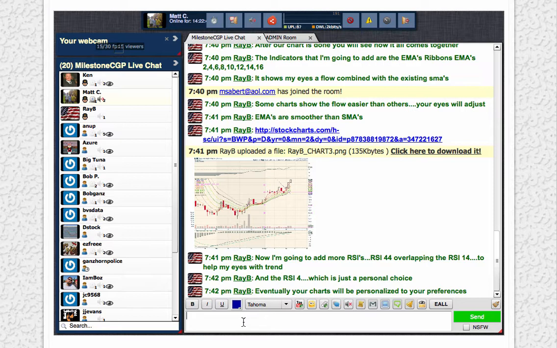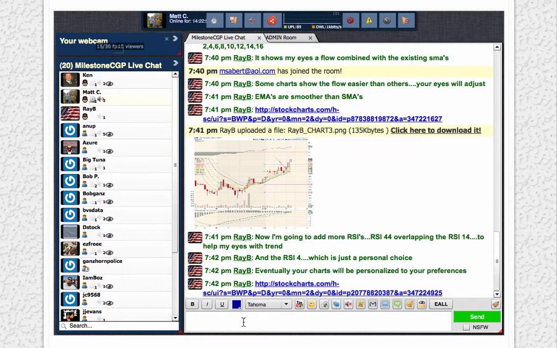Eventually your charts will be personalized to your own preference. For now, this exercise is really going to get you into start using more indicators to train your eye to see what patterns are developing and where your supports and resistances are.